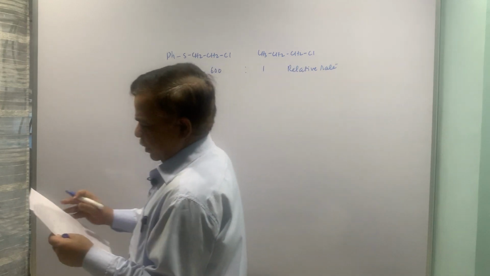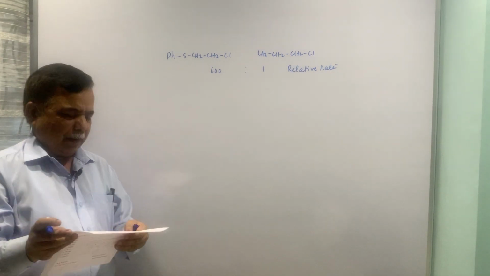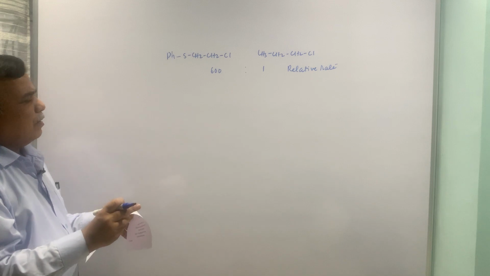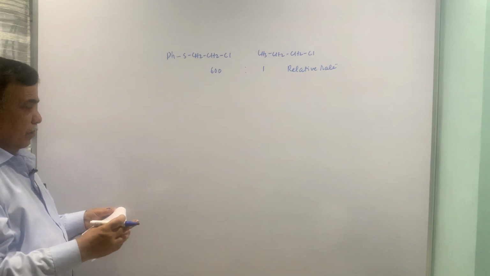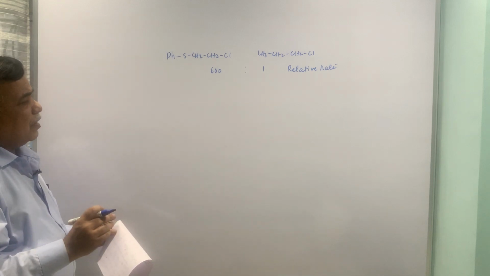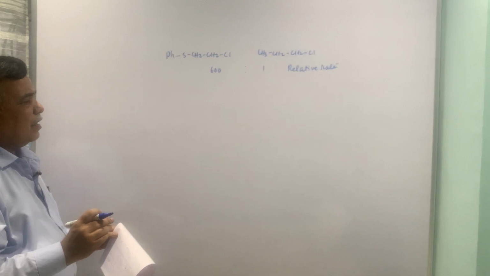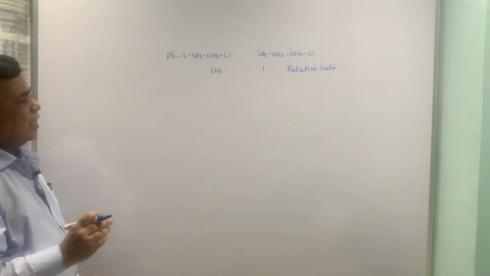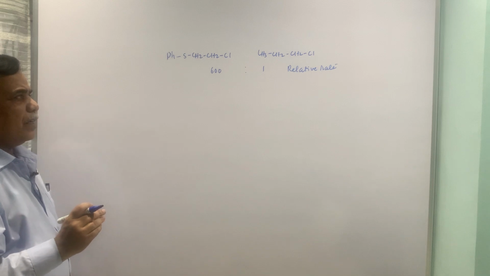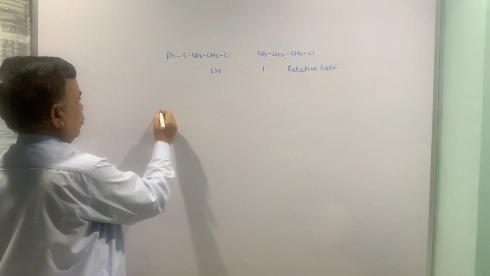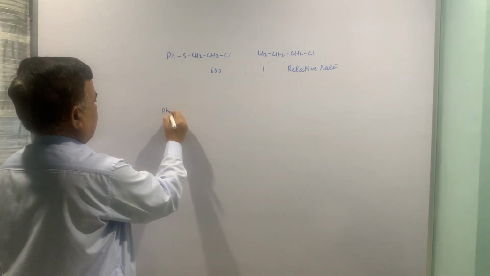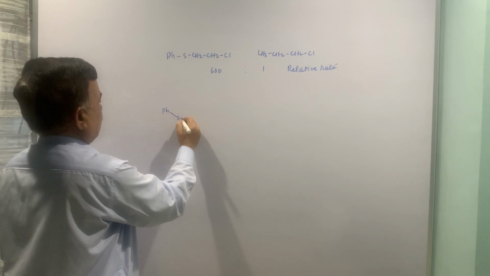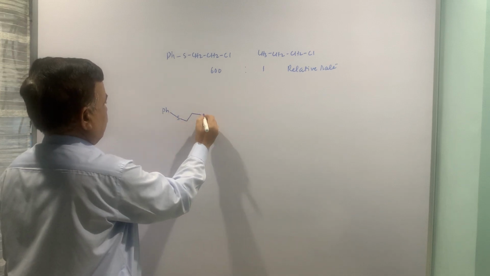The first example is, there are two primary halides which have different relative rates. This has got 600, the other one has got only 1. So how to explain it? CH2CH2Cl.